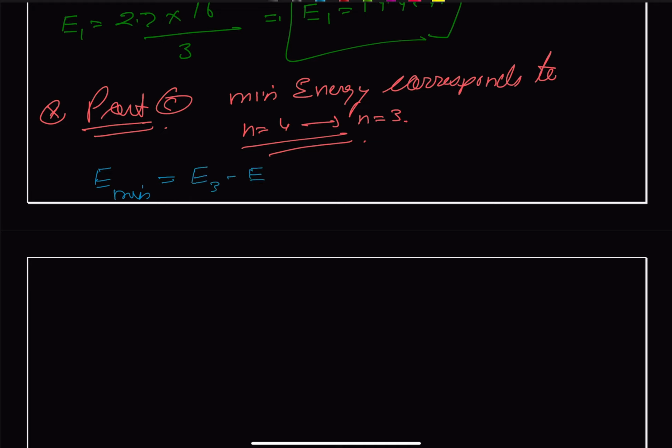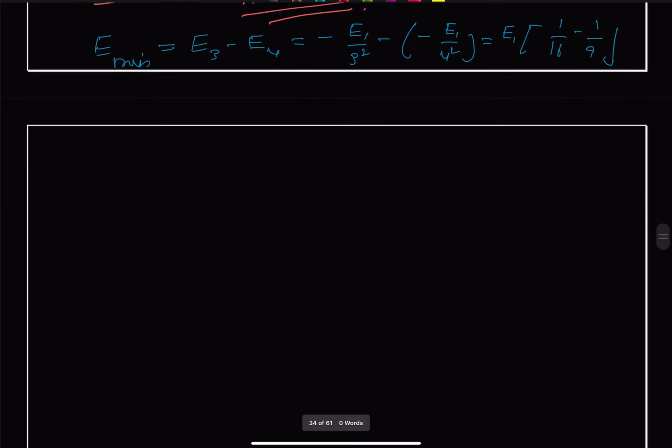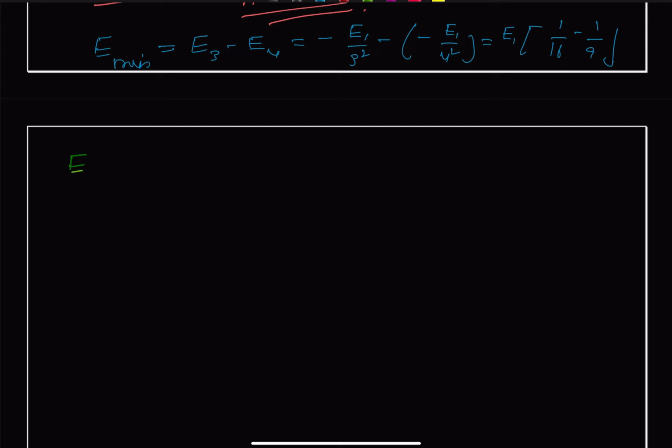E3 minus E4, and this gives us minus E1 upon 3 square minus of minus E1 upon 4 square. E1 we can take as common, this comes as 1 upon 9 minus 1 upon 16. So we get our E minimum will be equal to, 144 will be our LCM.